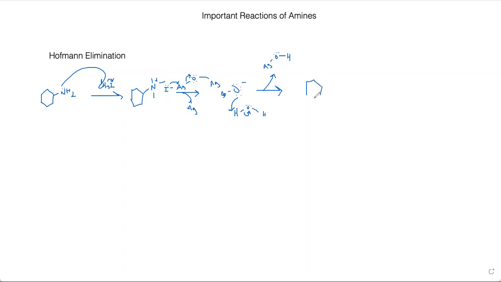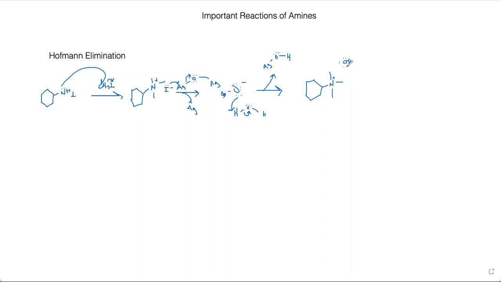reaction with the amine. So we have our quaternary amine here that we showed earlier. And positive charge on that N. And an OH minus here that we formed from our silver oxide earlier on.